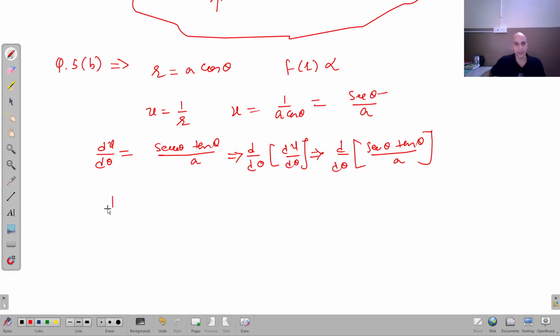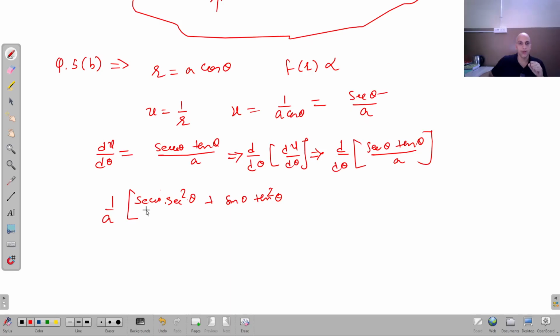So 1 upon a, as it is constant, bracket secant theta into the differentiation of tan theta, which is secant square theta.